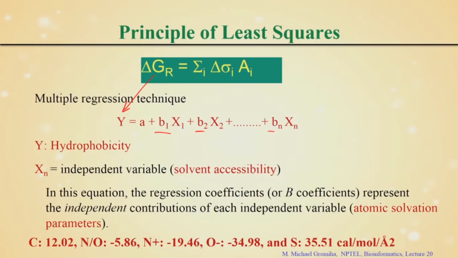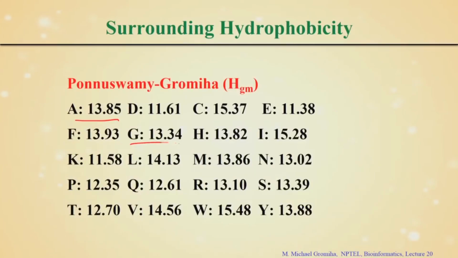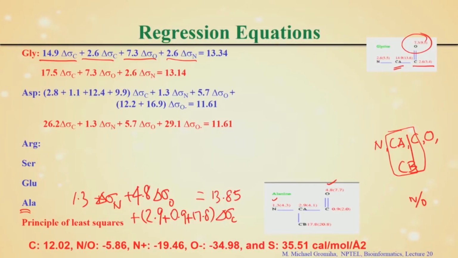We get glycine equal to 13.34. So, in this case it is equated to 13.34. Likewise, you can do this for all the 20 different amino acid residues. For glycine, you have the data only for delta sigma C and delta sigma N or O, only 2 variables, and you get the equation. Likewise, alanine gives 2 variables.